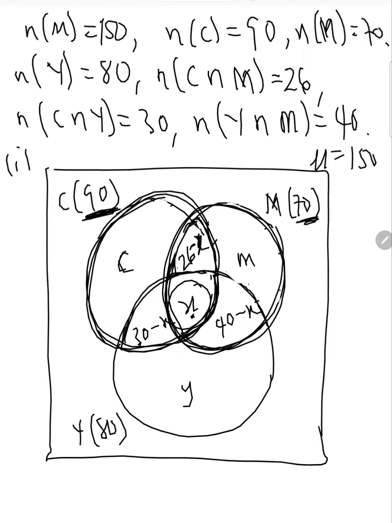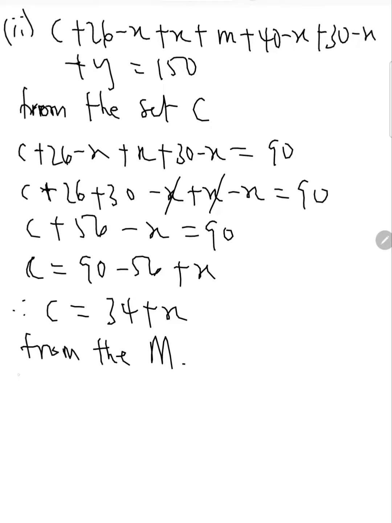So we have 26 minus x plus small m plus x plus 40 minus x is equal to 17.